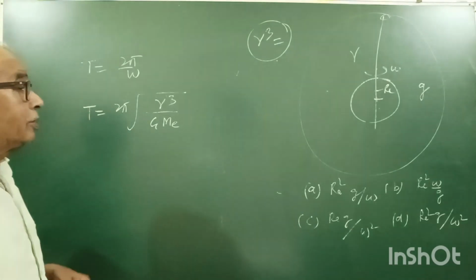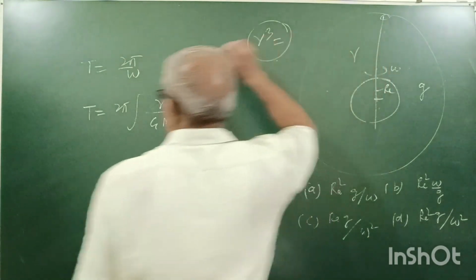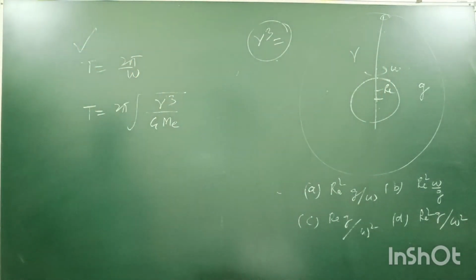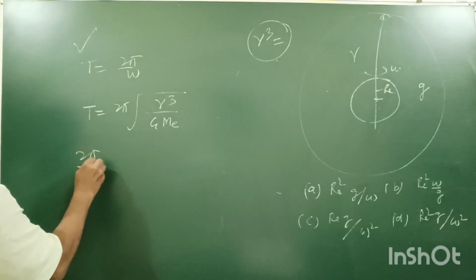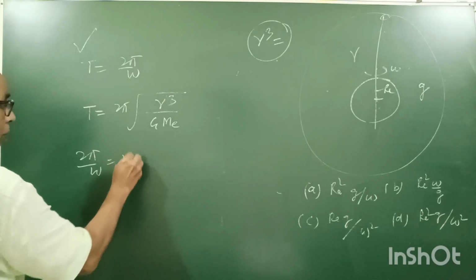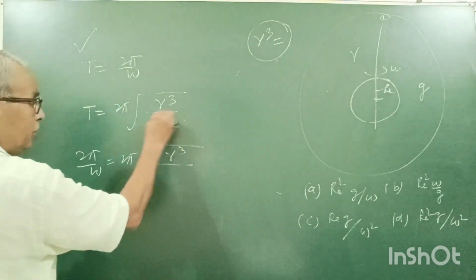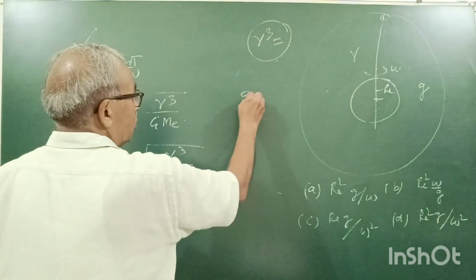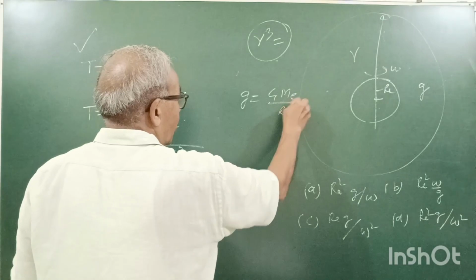This time period of satellite is equal to the time period of Earth. So I can write 2 pi upon omega equals 2 pi under root R cube upon G Me, and small g equals G Me upon R square.